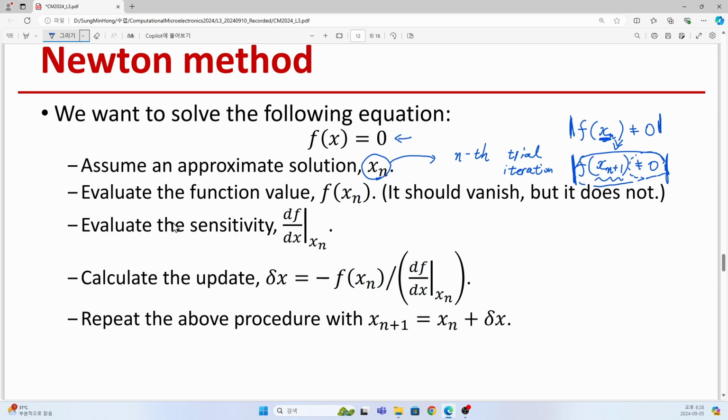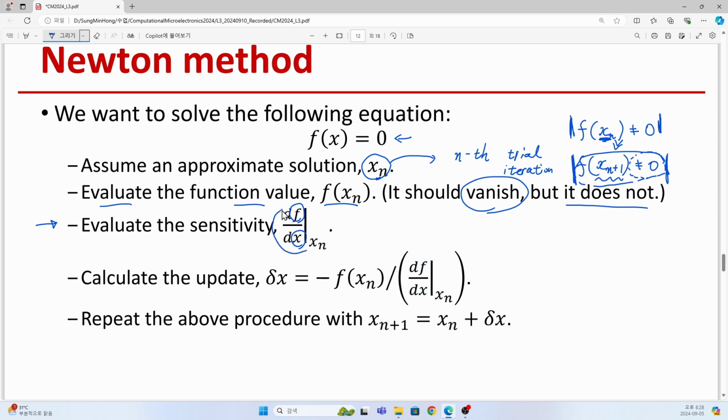So for that purpose, the Newton method tells us just to evaluate the function value. Yes, it is quite easy and straightforward. And of course, if x sub n is the real solution, then this function value should vanish, but in practice, it does not. Another step is to evaluate the sensitivity of our function value with respect to the solution.